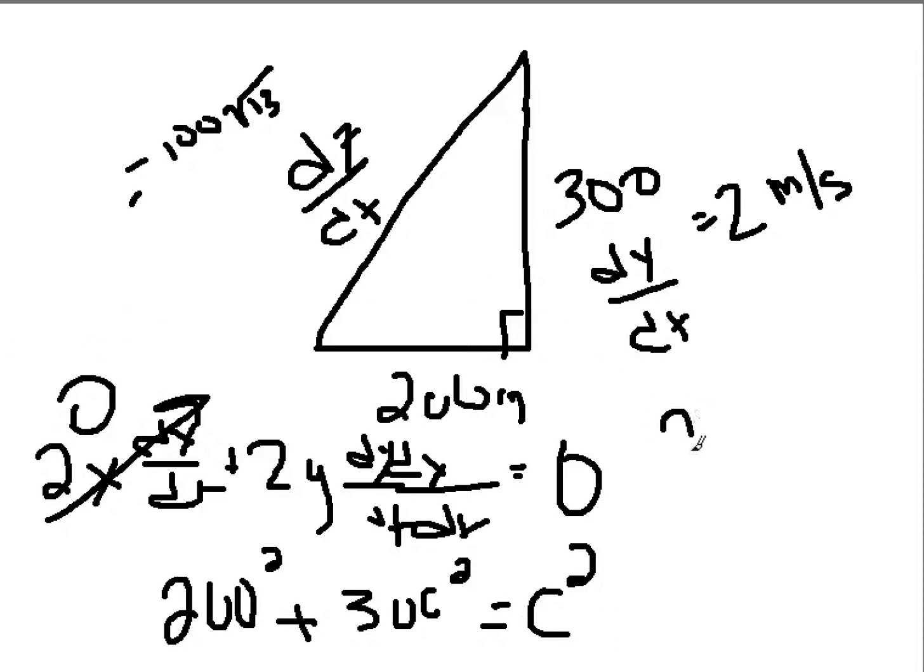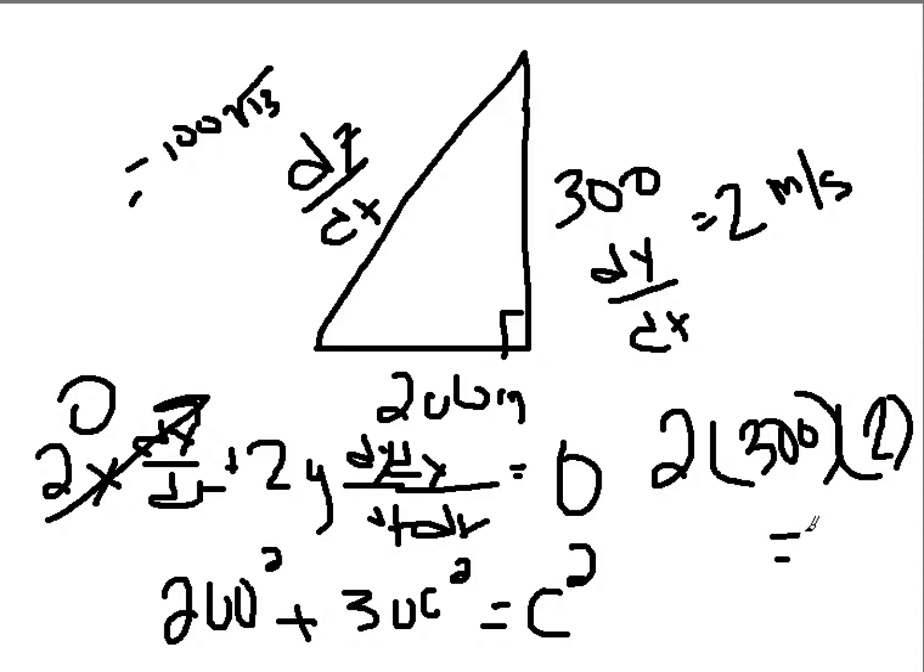And then I'm going to have my 2 times my y value of 300. Then dy/dt, which is 2, equals 100 square root of 13 times 2 times dz/dt. So I'm going to get, let's see, 2, 4, 1200. I'm running out of space. I know this is hard.